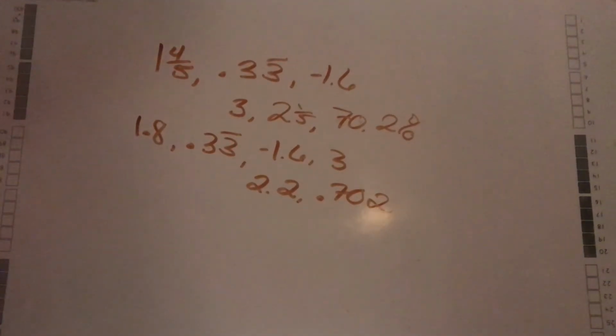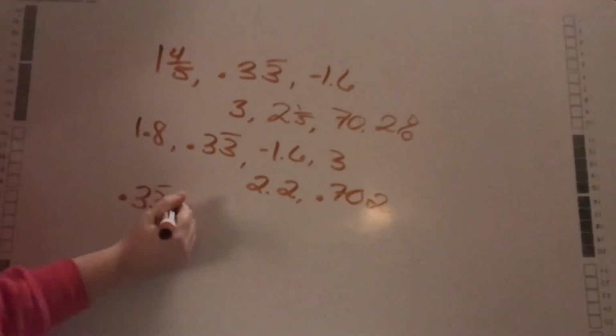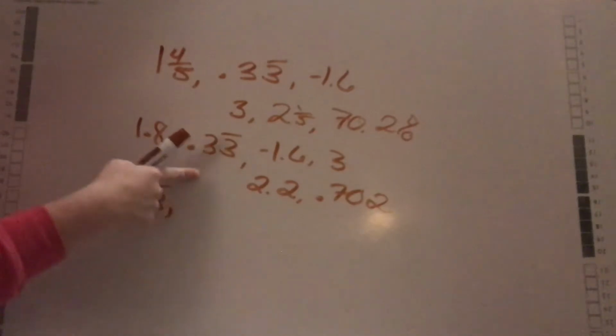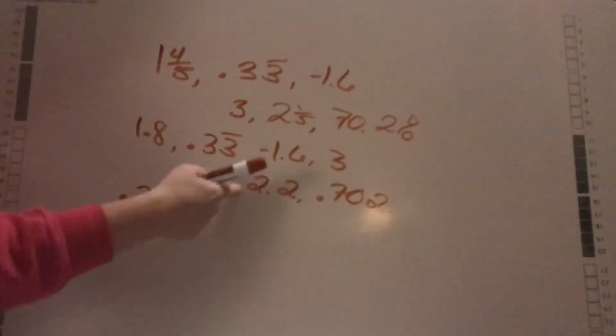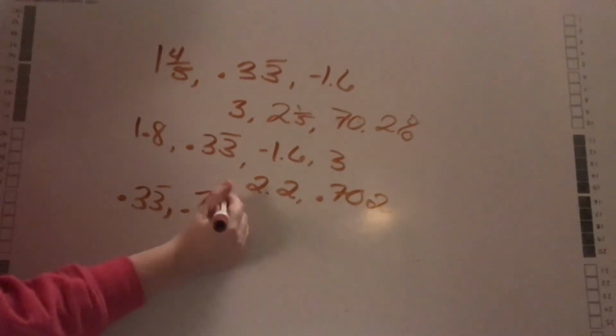Then, what did they want them to do? From least to greatest. Looking at this, we know that that's the smallest, so 0.33 repeating. After that is going to be, let's see, that is a whole number, whole number, whole number, whole number. That one, 0.702.